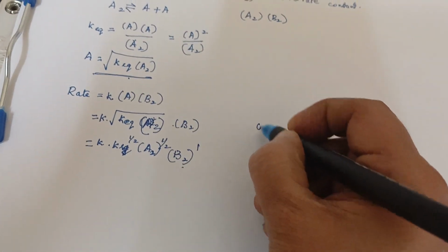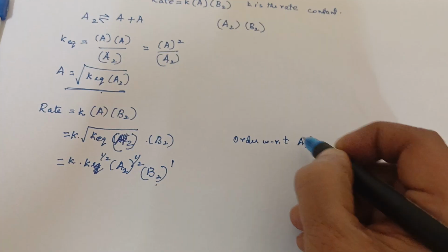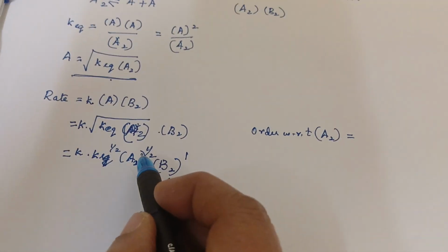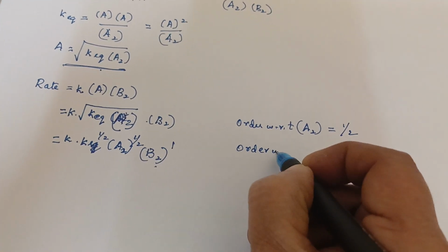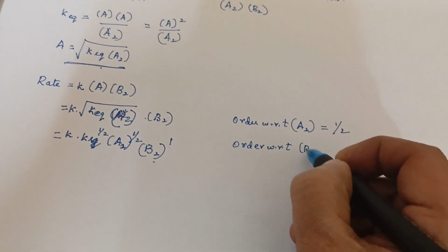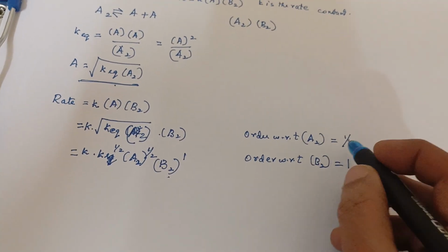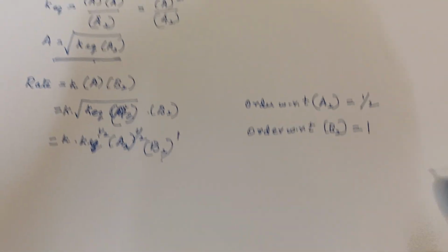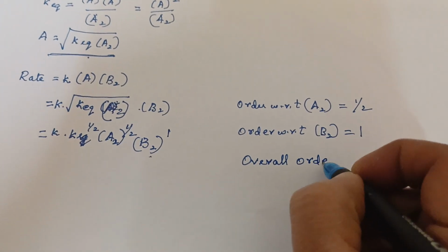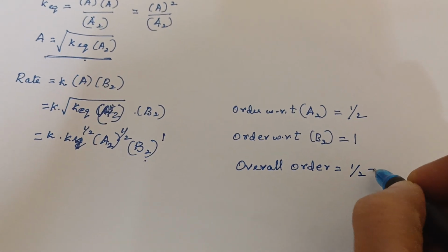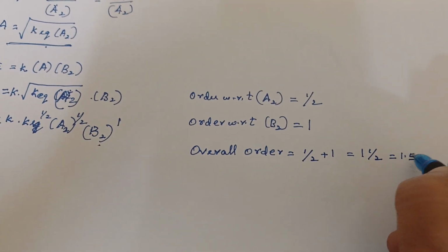So order with respect to reactant A2 is, how much is it? Half. And order with respect to reactant concentration B2 equals 1. So overall order equals half plus 1, that is 1 and 1 by 2, which we can write as 1.5.